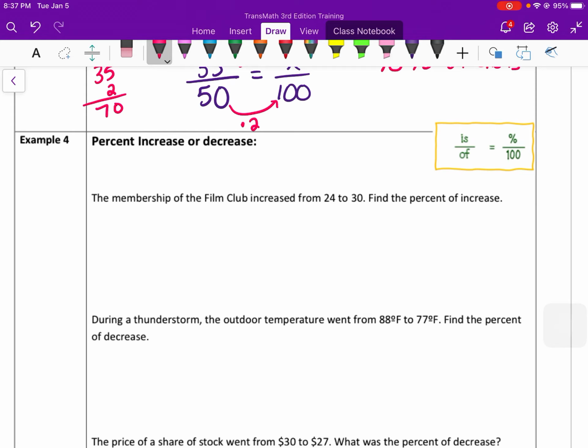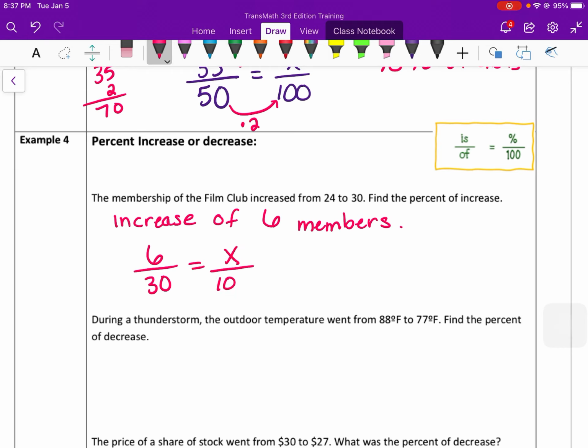So first, it was an increase of 6 members. I want to know, what is 6 members out of 30? What percent is that? So 6 members out of 30 members is what percent out of 100?